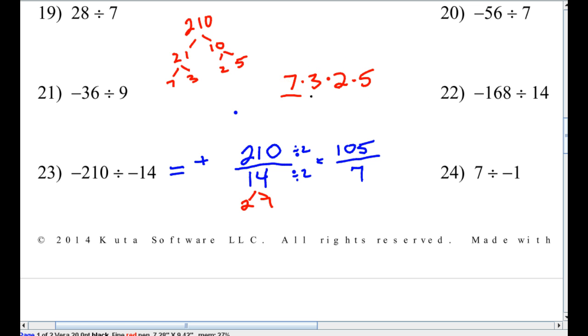That's 210. And on the bottom, we have a 2 and a 7. 2's cancel out, 7's cancel out. What's the answer? 15. You might say, well, I needed a calculator, those numbers are big. Well, not if you use prime factorization.